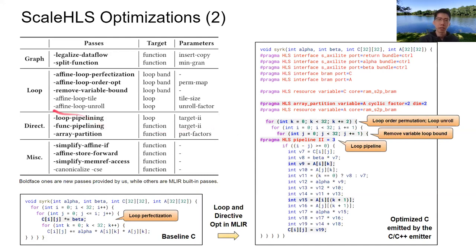And then for the directive optimizations, we have a loop pipelining pass to automatically insert the pipeline directive to the HLS design. Here we insert a pipeline with an initial interval of 3 to the innermost loop level. And after that, we provide an array partition optimization pass in ScaleHLS.